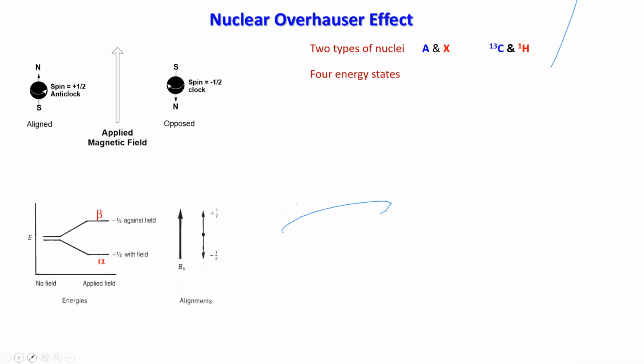So four energy states, and those states I can write as alpha alpha. One alpha I take from nucleus A, another alpha from X. Now you can have alpha beta. Similarly, you can have beta alpha and beta beta.